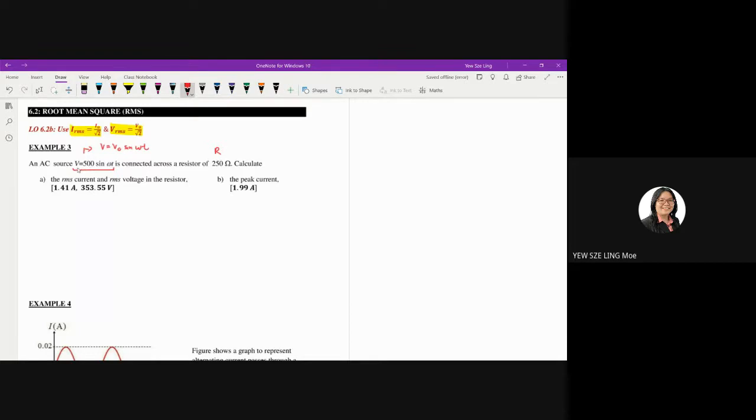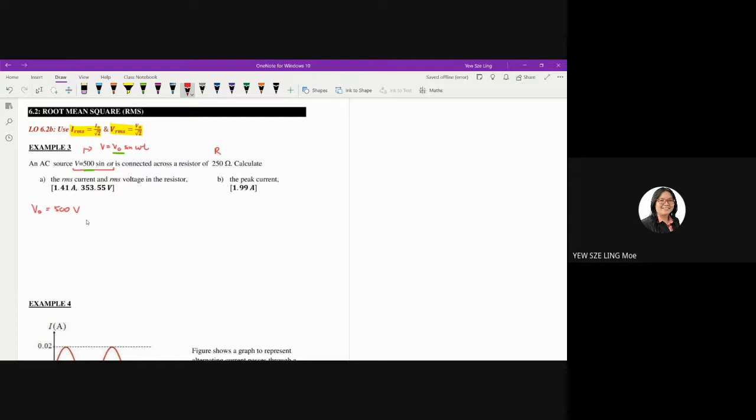Let's look at the equation given, V equals 500 sine omega t. By comparison, we obtain V naught equals 500 volt. That is your peak value, the peak voltage.